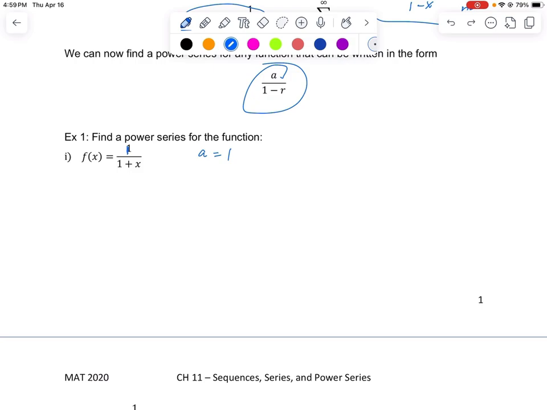Okay, let's first rewrite this. Notice here, 1 over 1, we want the minus here. So what will happen? This will become negative x.